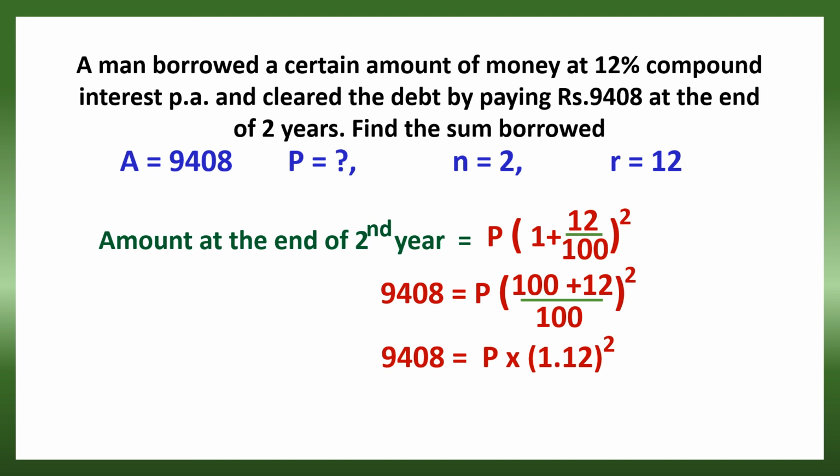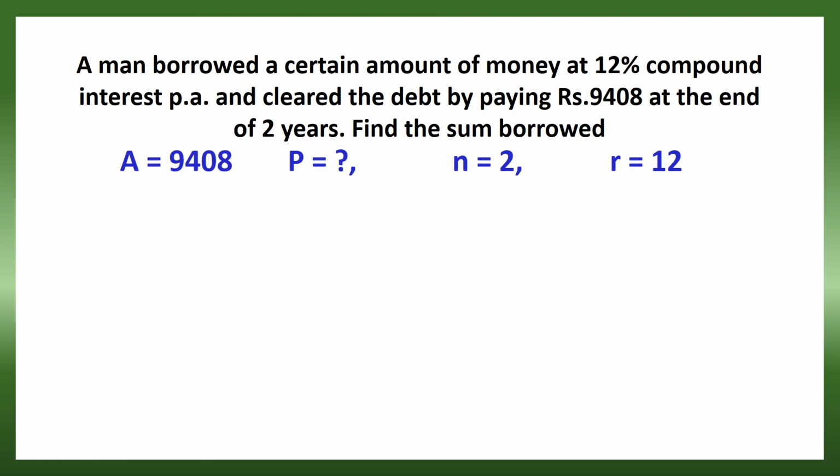And then 9,408 is equal to 1.2544 P. Keeping P that side, 1.2544 can be brought to the left hand side. Then it becomes 9,408 divided by 1.2544. That is equal to the principal.